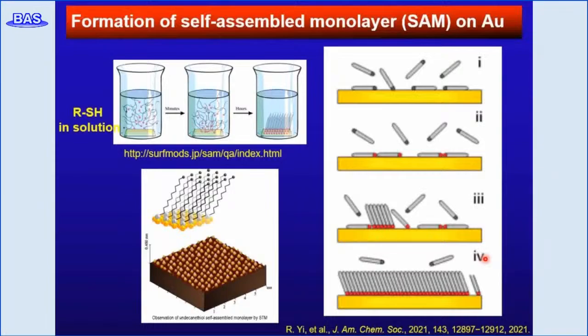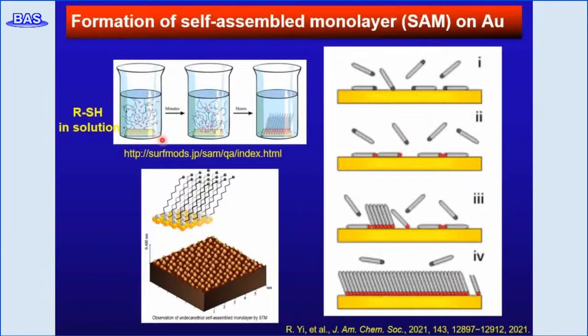Before going further, I'll show you how to make the SAM film on the gold surface. At first, the molecules with alkyl or other anchoring groups are dissolved in solution, and the gold substrate or other substrate is immersed into these solutions and left for a certain time.